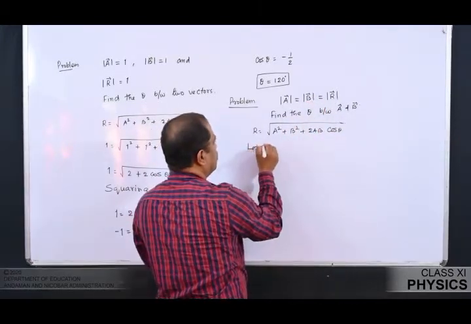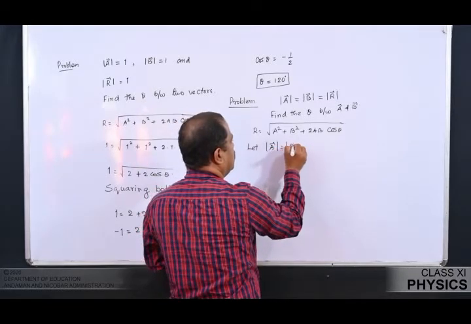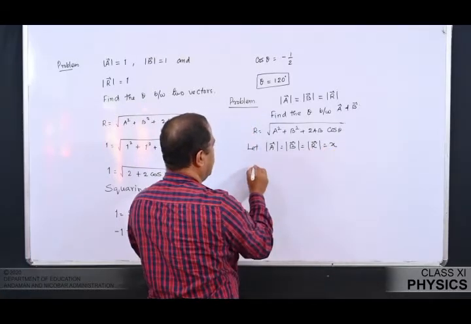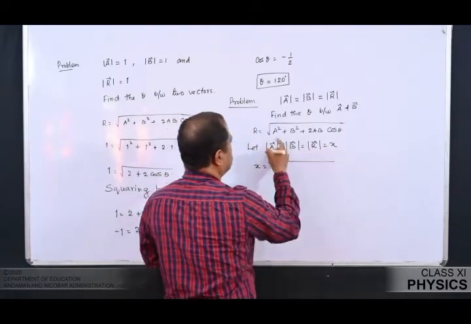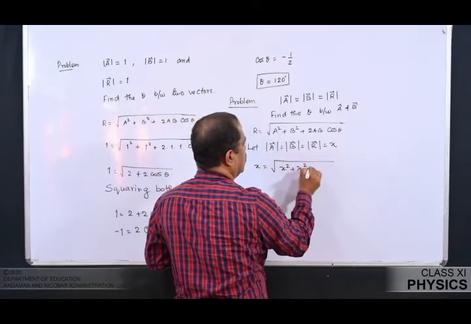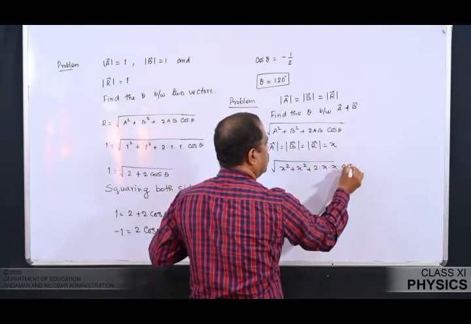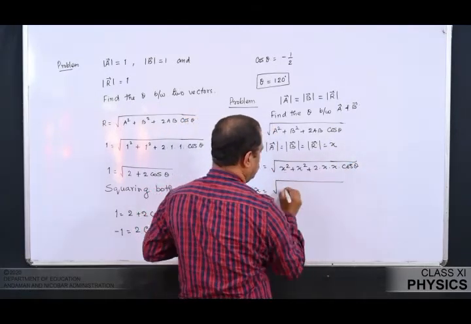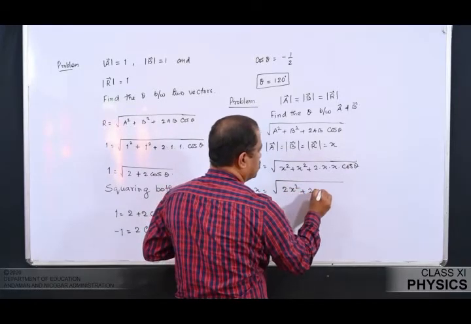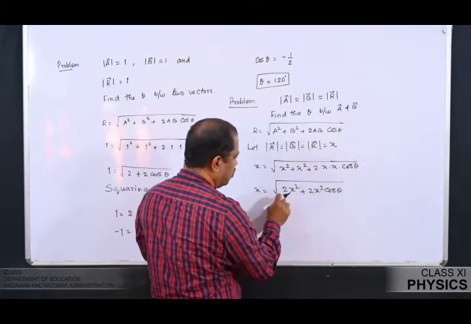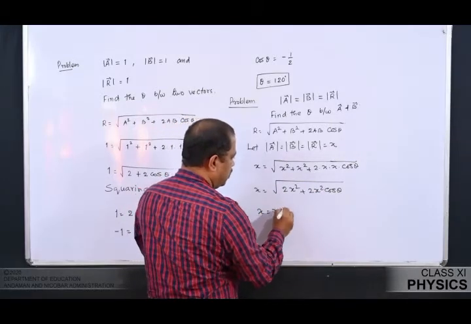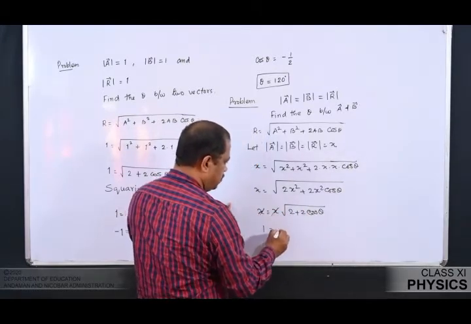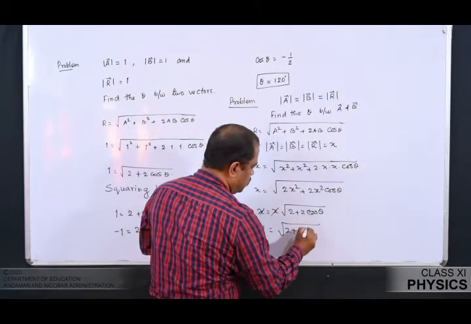So let the magnitude of a, b and r be x. On substitution, x is equal to the root of x square plus x square plus 2 times x square cos theta. When I take x square common and take it out of the root, I have x under root 2 plus 2 cos theta. This and this cancel, I am left with 2 plus 2 cos theta.